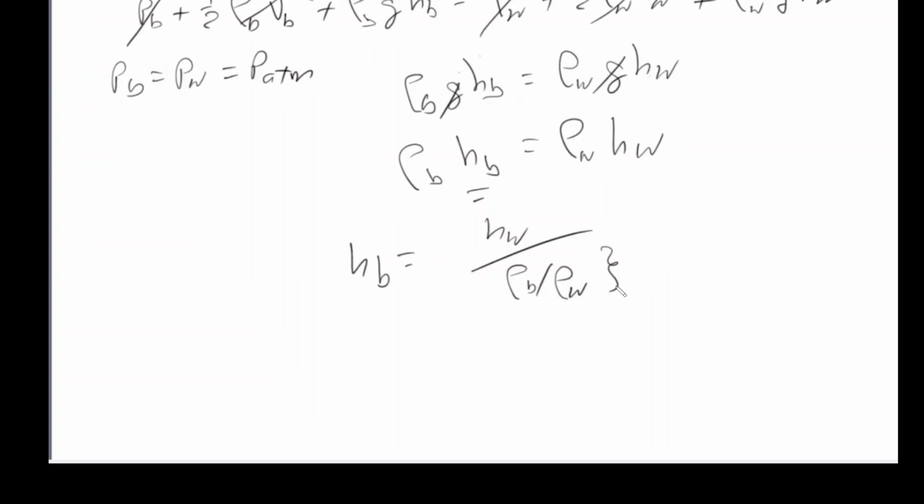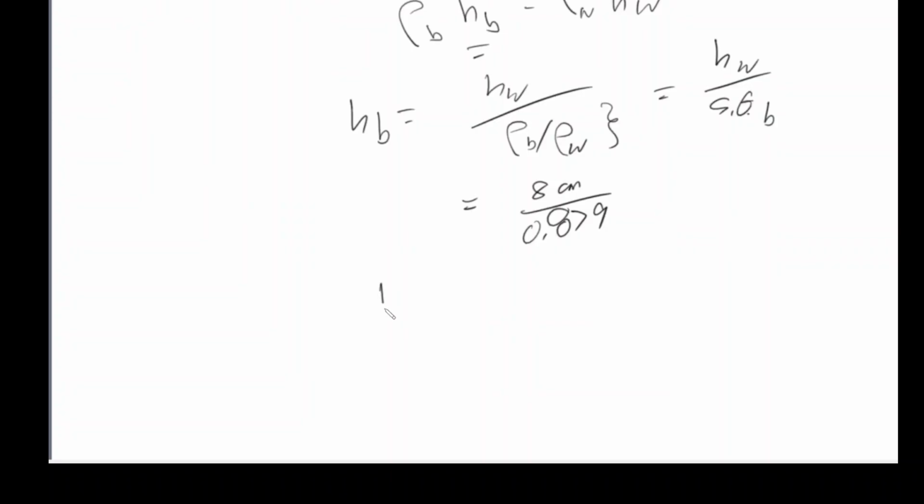And that is because the density of benzene over the density of water is actually the specific gravity of benzene. Specific gravity is the ratio of the density of a liquid to water. So this becomes the height of water over the specific gravity of benzene, which is equal to 8 centimeters over 0.879. And so the height of the benzene column becomes 9.1 centimeters.